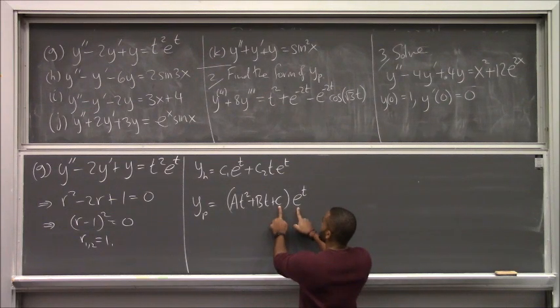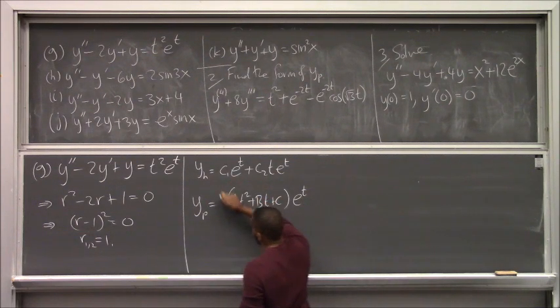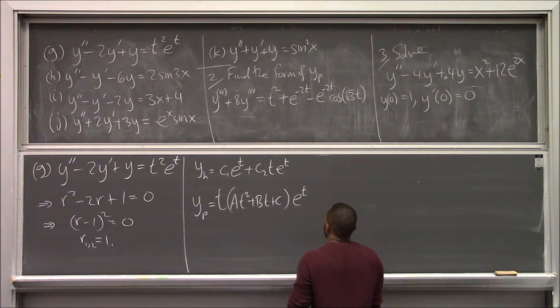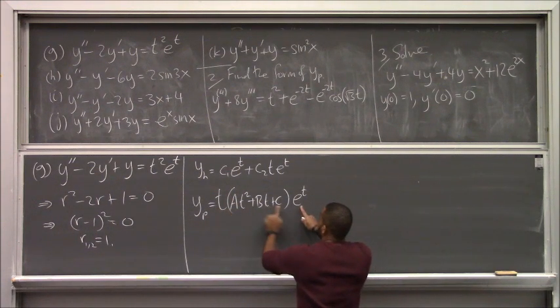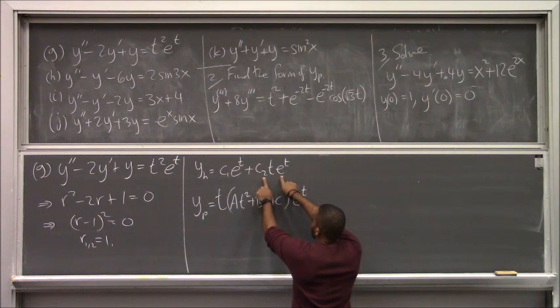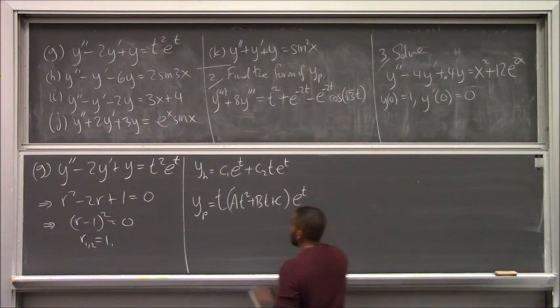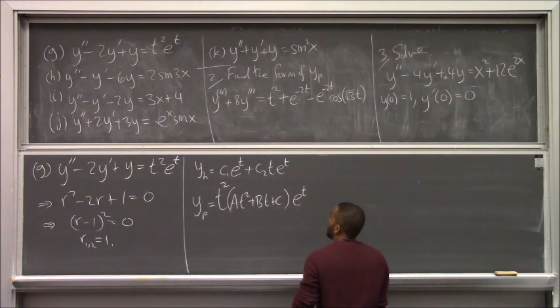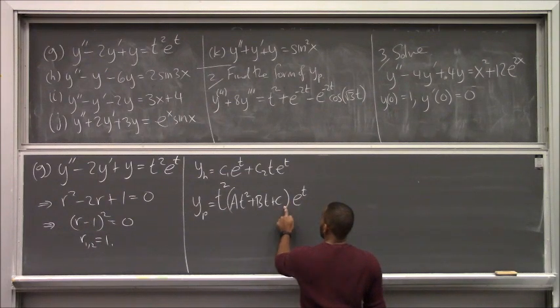Well, c e to the t is the same thing as c1 e to the t, so I can multiply by t. Now c t e to the t is overlapping with c2, so multiply by t again. Now I have t squared e to the t, t cubed e to the t, t to the fourth e to the t. They're all linearly independent with that.